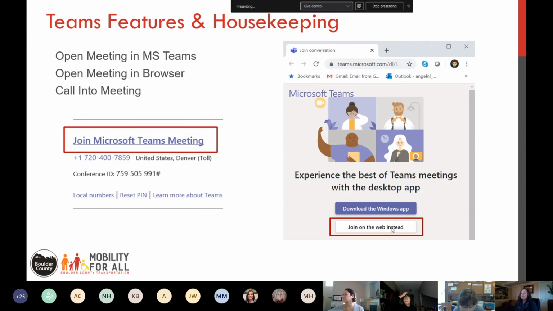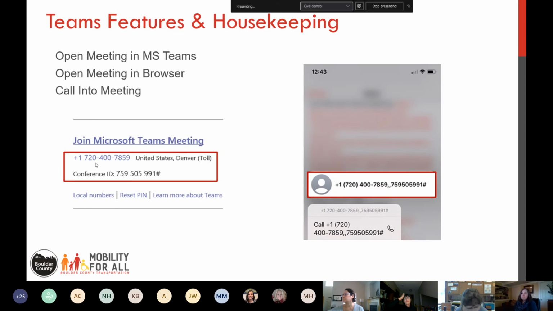You can join in the browser instead, and you can also call in just by clicking it. So if you have problems during the meeting, if you get kicked off or something, you can go ahead and call in on your cell phone. The meeting invite has all the call-in information under notes or under details of the meeting.